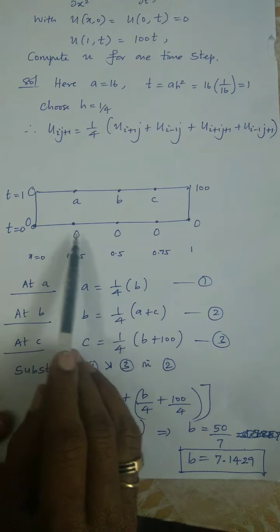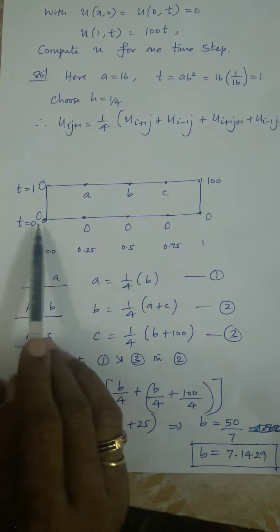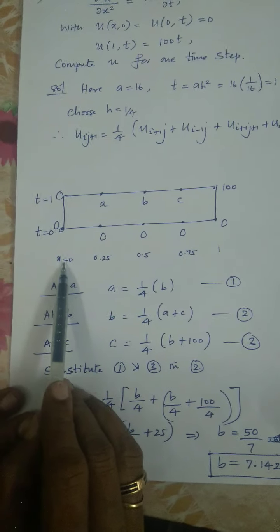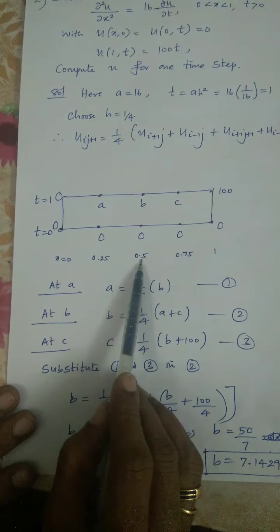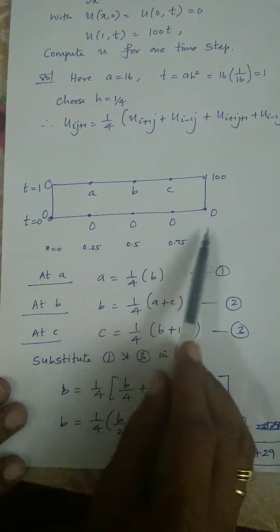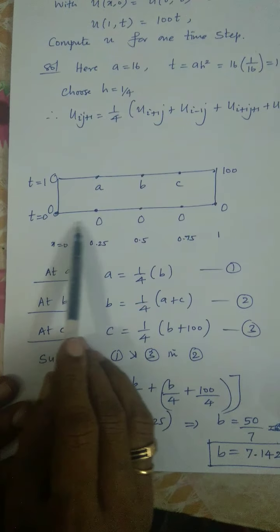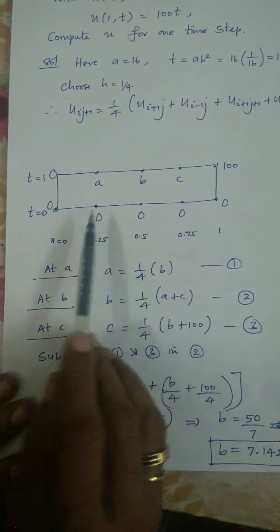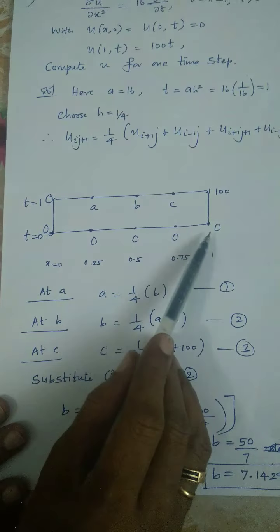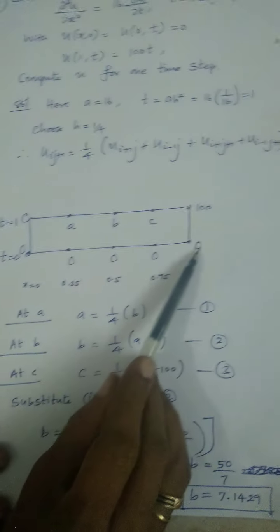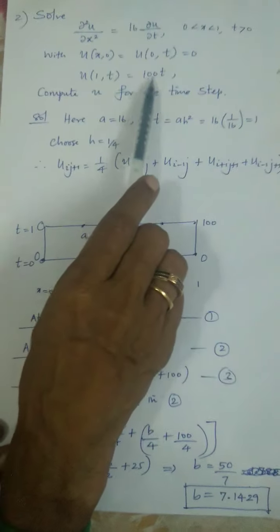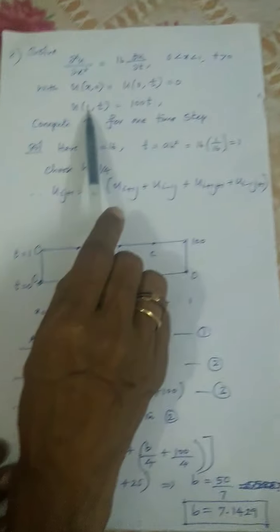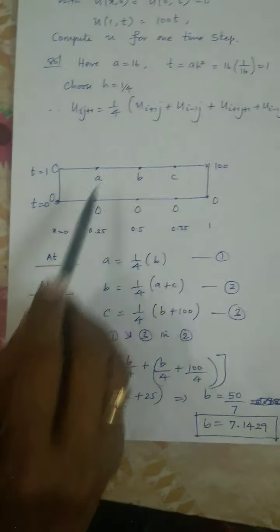Now here the boundary conditions are entirely different. The entire base level x equal to 0, 0.25, 0.5, 0.75 is the material length 0 to 1. I am taking this step size. All these values are given as 0, and this side t equal to 0 is by default 100 times 0, which is 0. If I give t equal to 1, this extreme side value is 100. So I am going to use this finite difference scheme.